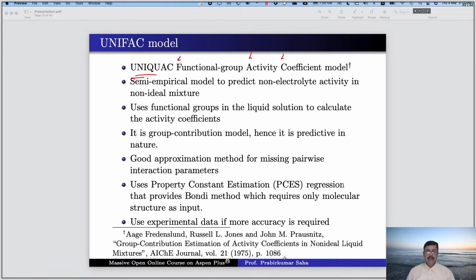So interested people can refer to this particular journal paper to understand more about the UNIFAC model.